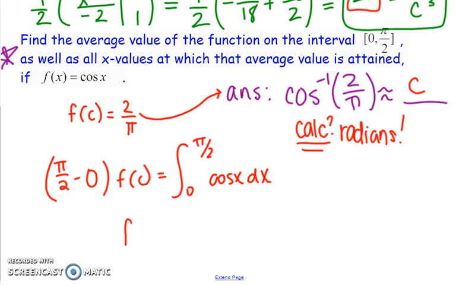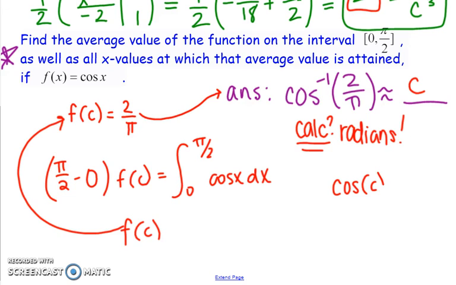Isolating f of c, you end up with f of c being equal to 2 over pi. So if I wanted to know the exact c value, I would take the cosine inverse of f of c. Cosine of c equals 2 over pi, which means that cosine inverse of 2 over pi, and I don't have a calculator handy while I'm recording, is going to be equal to c.